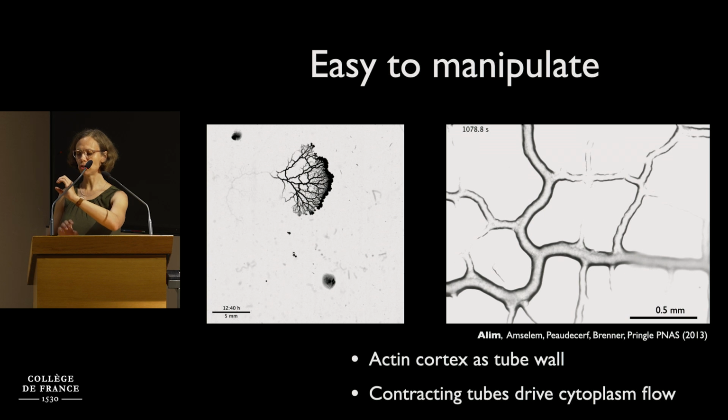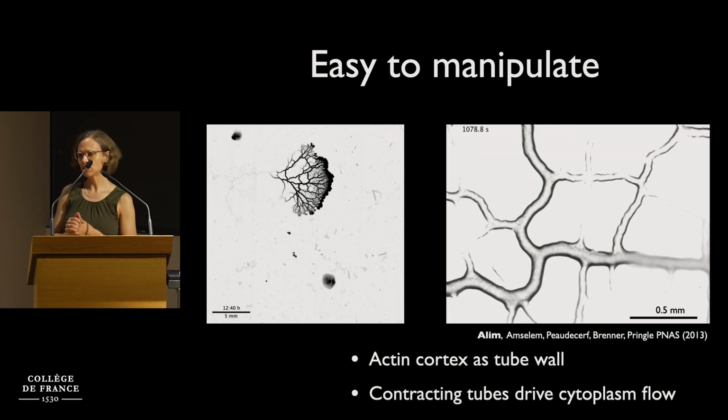And as a tube is contracting, the fluid inside this tubular structure is being displaced, and then it flows through the network. And it turns out that these contractions are organized across the entire network, such that you have a contraction that's pumping the fluid in one direction, and then it's flowing back. So you really have large-scale flows that are extending across the entire organism.